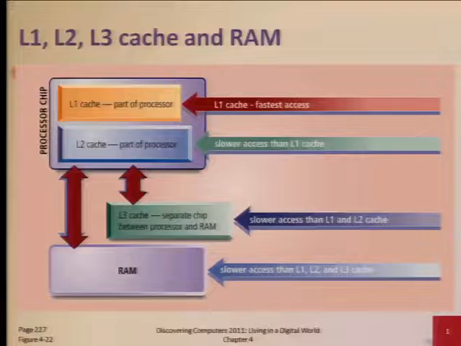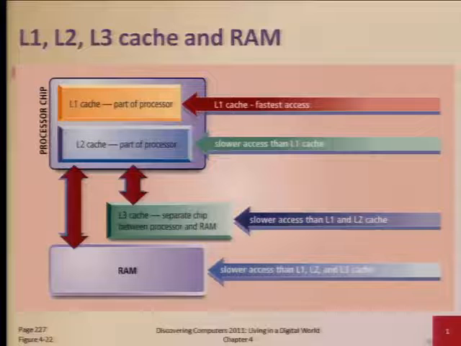So one way to look at these 3 levels is we have the L1 cache, part of the processor, and the L2 cache, also part of the processor. Then in the older low-end system, where we do not have things like the i7, you have L3 external to the processor, built onto the motherboard.